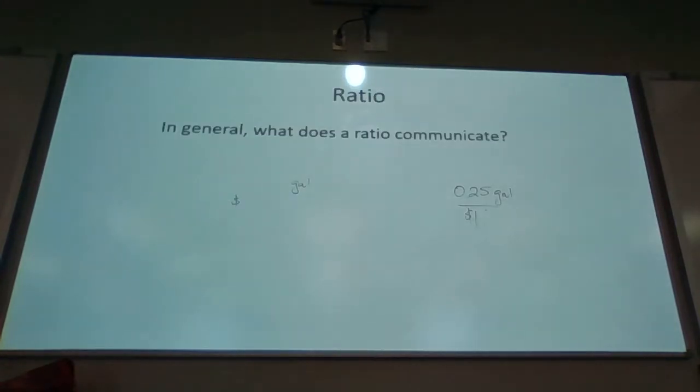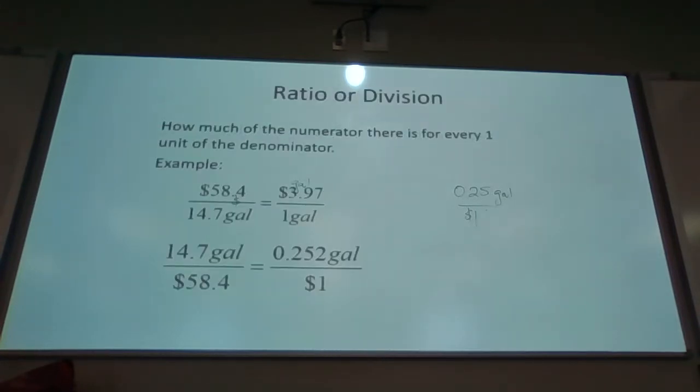Okay. So in general, what does a ratio communicate? Anytime you're dividing things, we're going to divide things a whole lot in this class. What a ratio tells us is how much of the numerator there is for every 1 unit of the denominator.